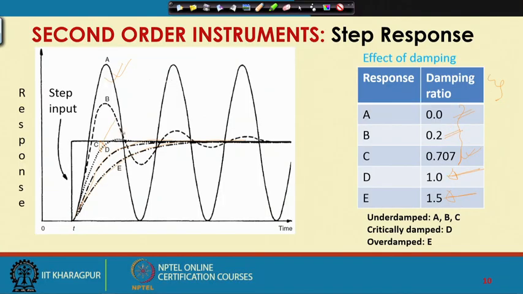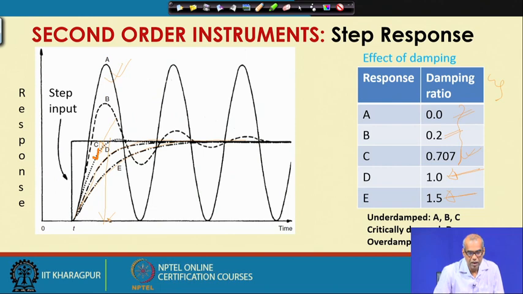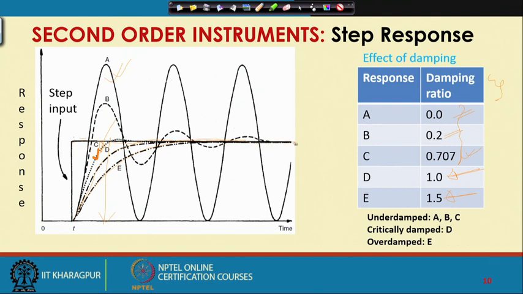You can look at this figure. This one represents zeta equal to 0.7. See, this is the time by which it attains the final response. This was the step input given at this time, and my instrument should finally show this response.